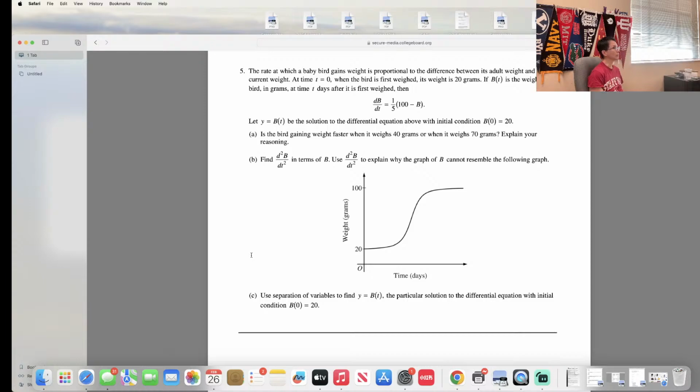Oh, G is... Because what's the one variable that you don't know?